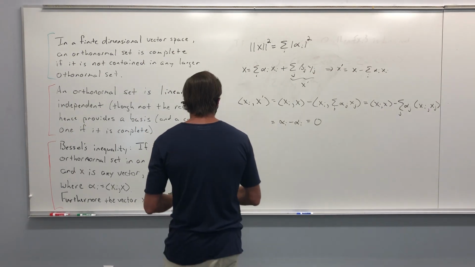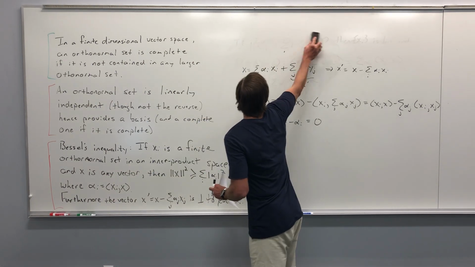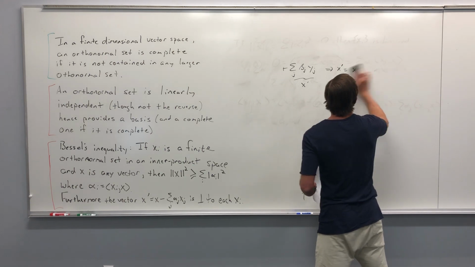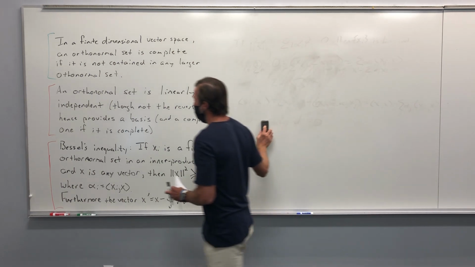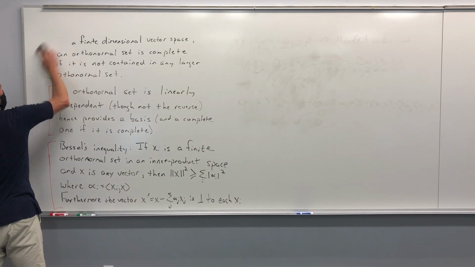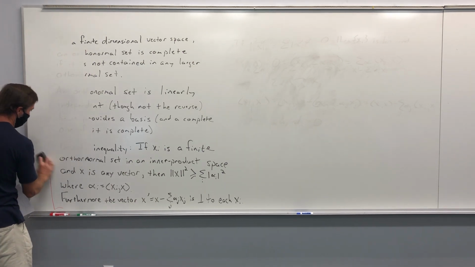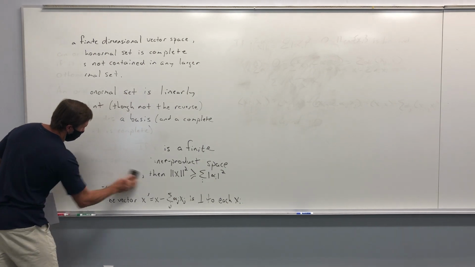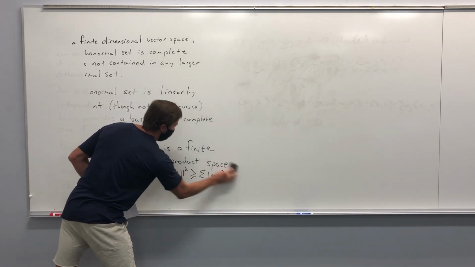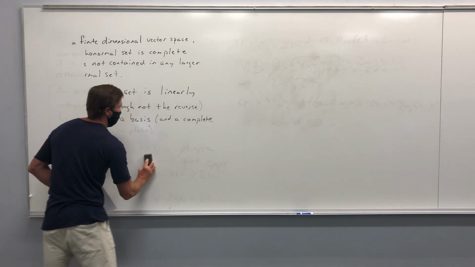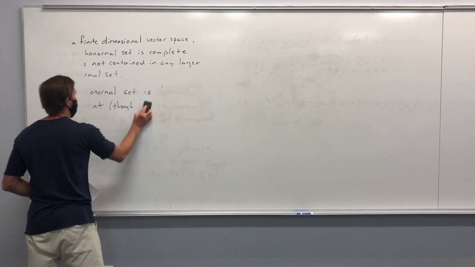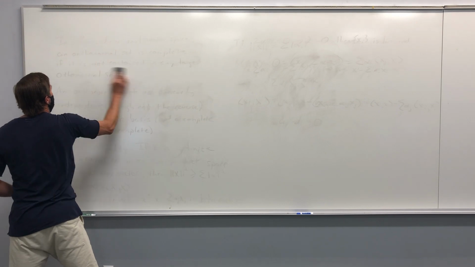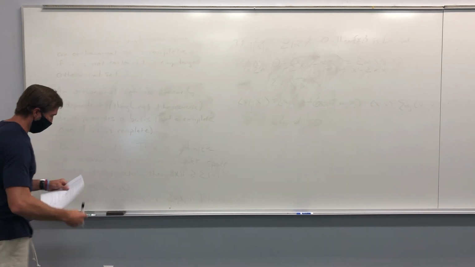Now, what I'm going to do is I'm going to take the definition of a complete basis and I'm going to fashion it into many different statements which are all equivalent. Okay, here we go.